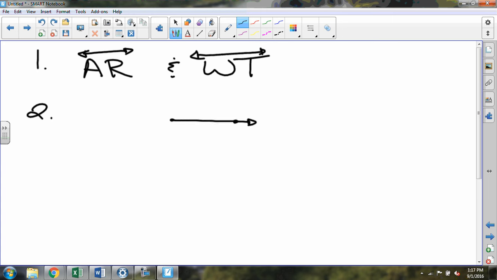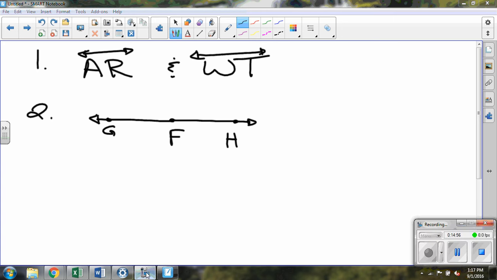We could draw our first ray, FH, going toward the right, using the same point F as a common vertex. Going in the exact opposite direction, we could create the ray FG. And we're finished. We have everything we need.